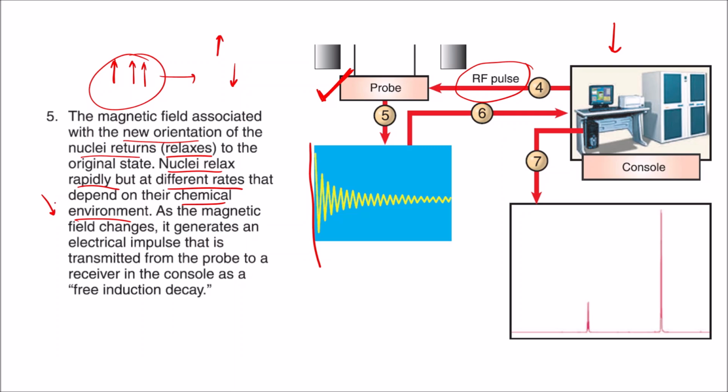This we'll see in the next video. As the magnetic field changes, an electrical impulse is generated and transmitted from the probe to the receiver in the console as a free induction decay. This plot you can see is called the free induction decay.